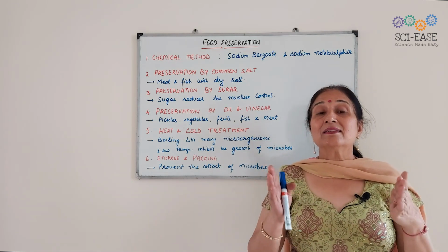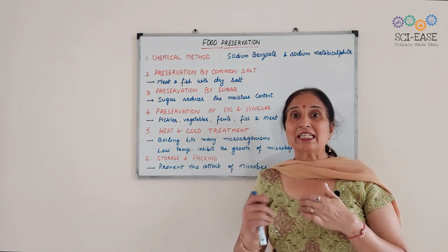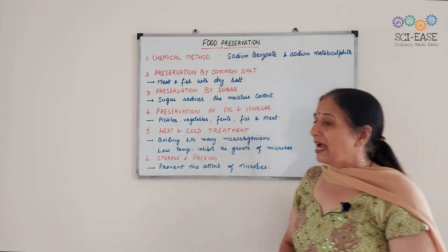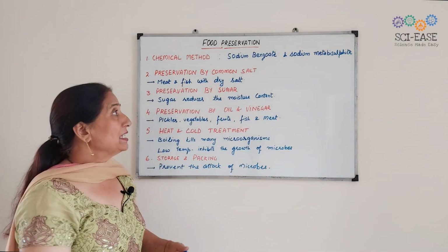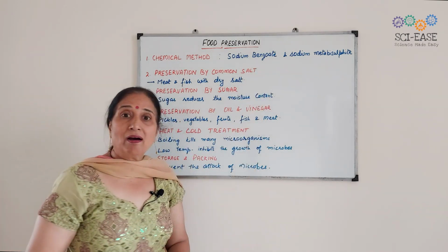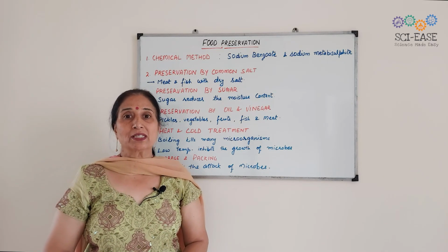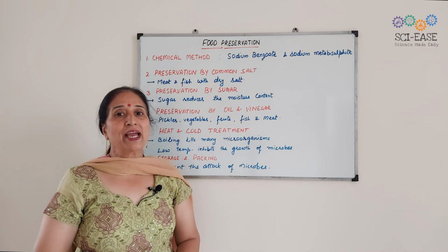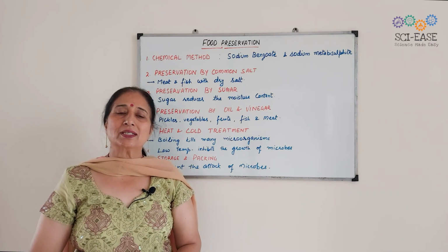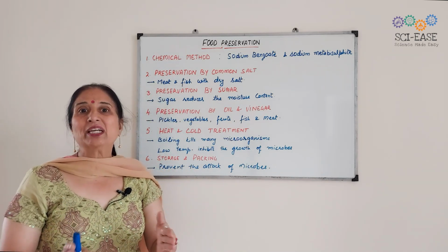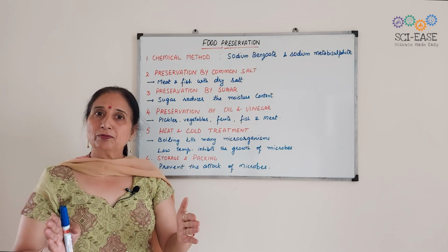That is preservatives like sodium benzoate and sodium metabisulfite. These are the two chemicals which can be used to preserve jams, jellies, pickles, squashes, etc. So this is the chemical method to preserve food.